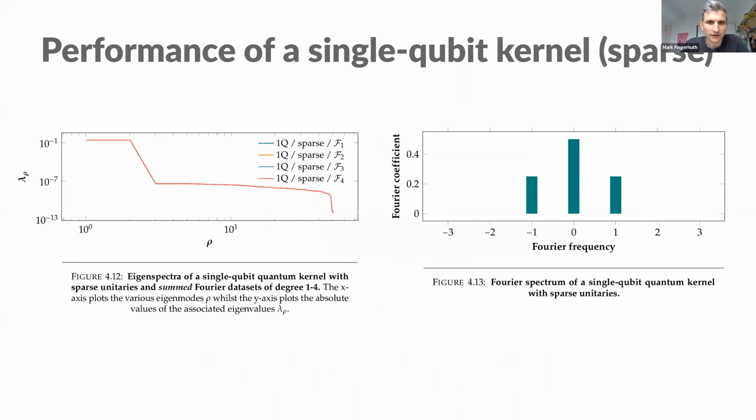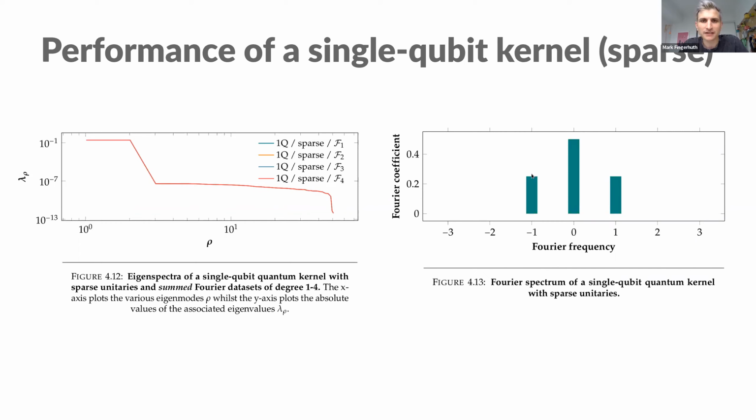But let's look a little bit under the hood. On the left side, I'm plotting the eigenspectrum of the single qubit quantum kernel, and on the right side, we see its Fourier spectrum. The single qubit kernel has a very simple Fourier spectrum. It really only has the first order frequency component, as well as the zero order one.